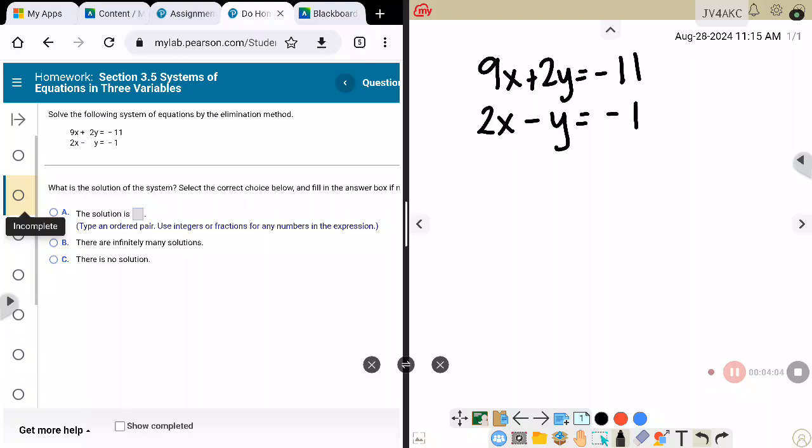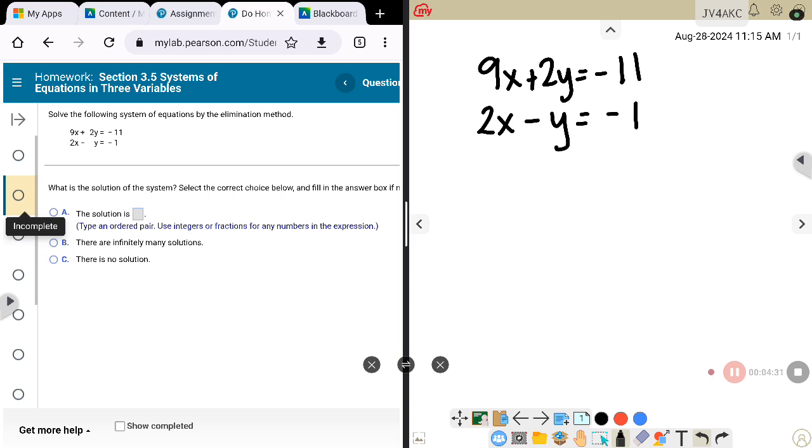All right, on this next example, I have 9x plus 2y equals negative 11, and 2x minus y equals negative 1. So unlike the last one, when I add these together, neither the x nor the y would eliminate, right? If you added these together, you would have an 11x, and then you would have a 1y.